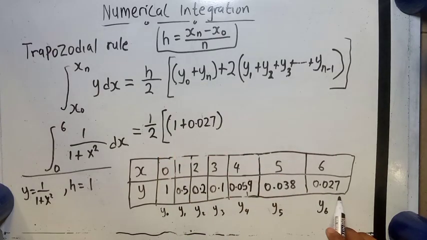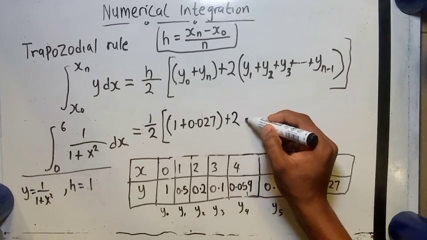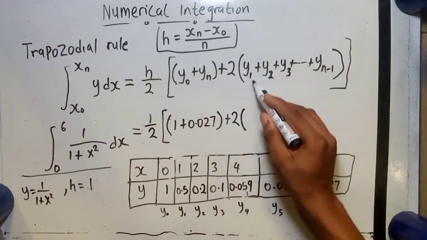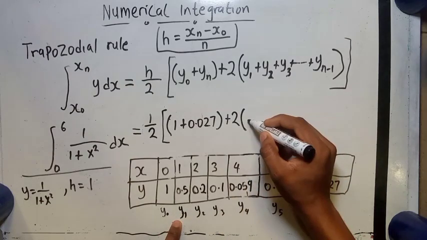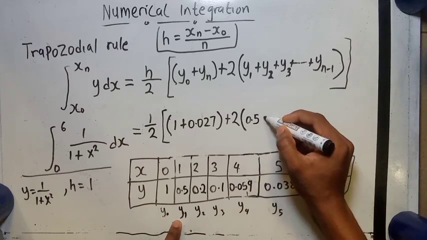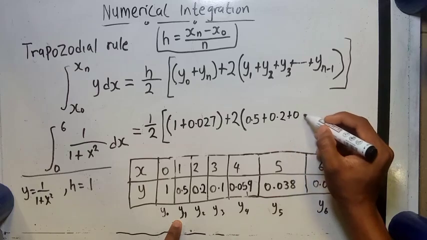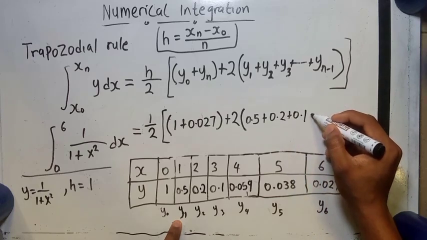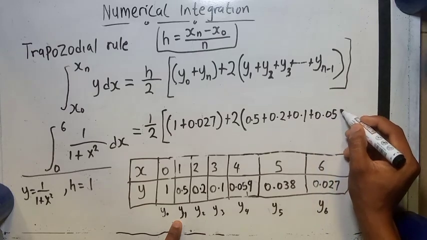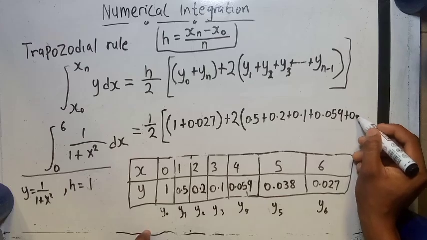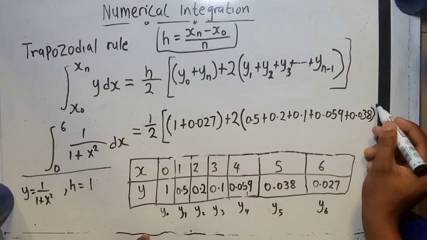So we add the two of them together. Now, plus 2 multiplied by our second term, which is now going to be 0.5 plus 0.2 plus 0.1 plus 0.059 plus 0.038, brackets close.